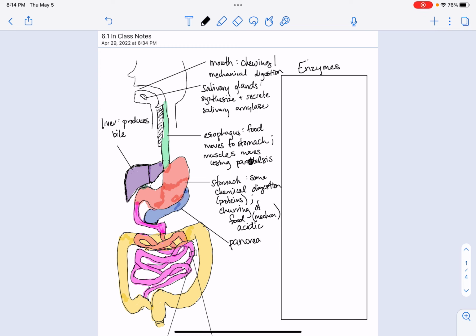Pancreas is very important. It's going to synthesize and secrete pancreatic enzymes, which will help break down and digest food.